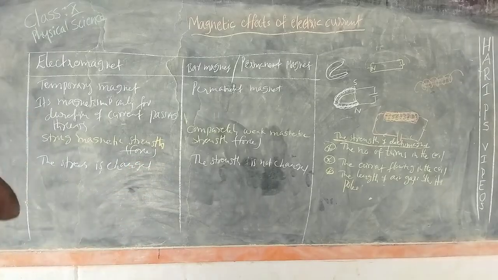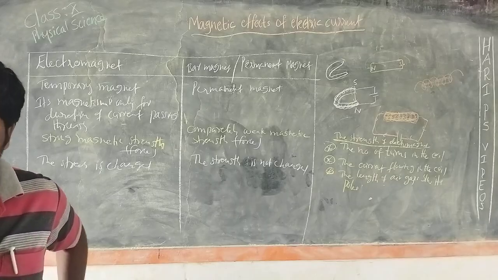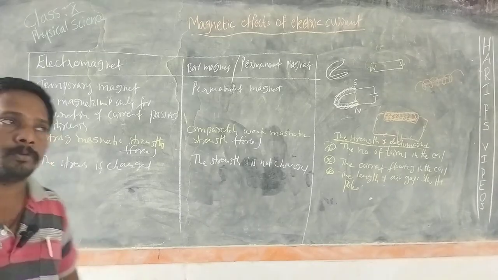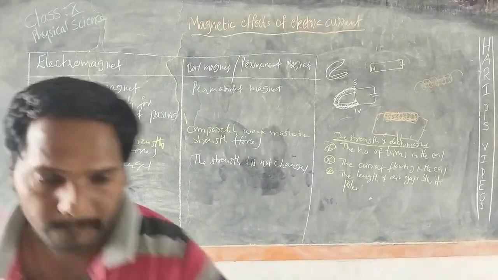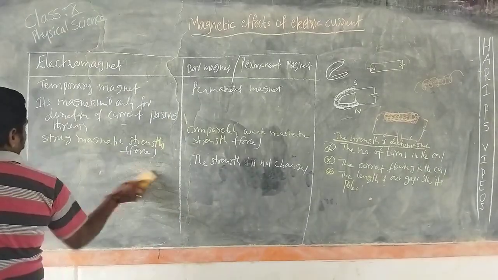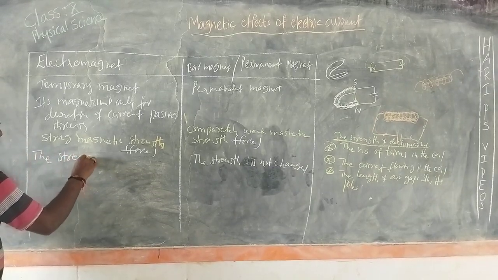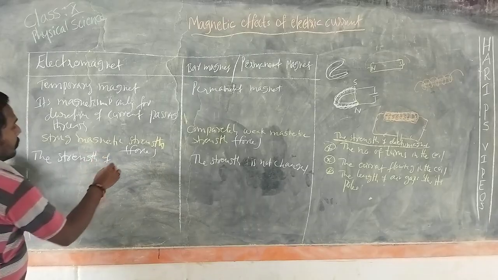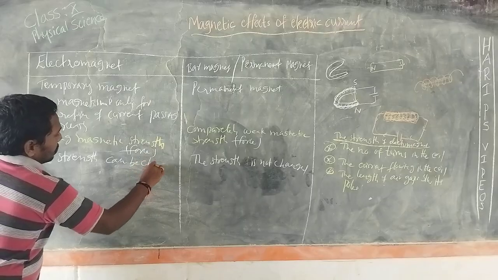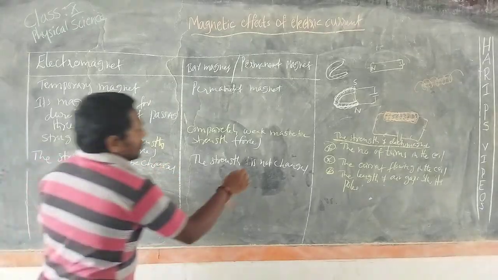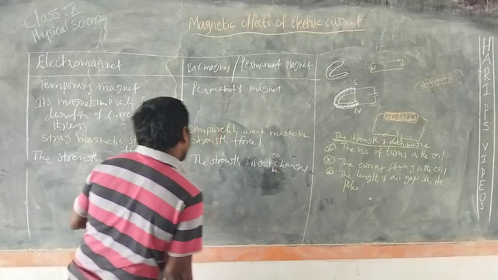How do we change the strength of an electromagnet?